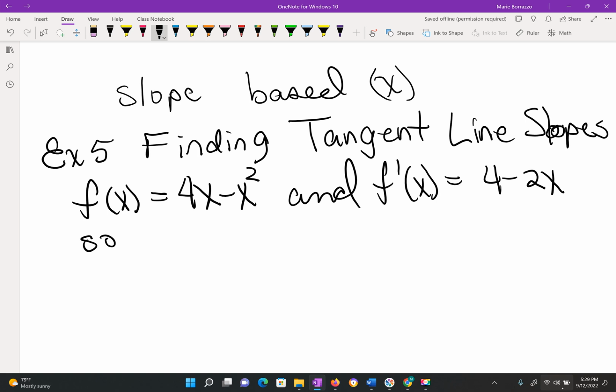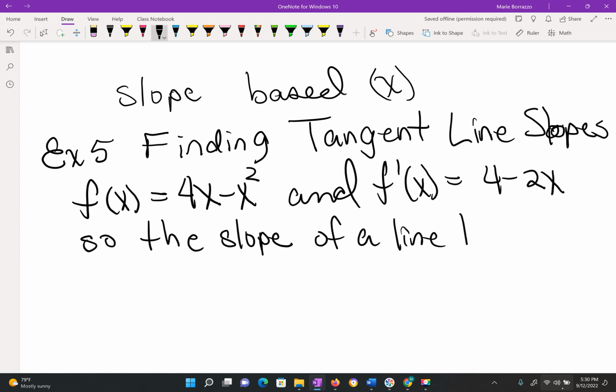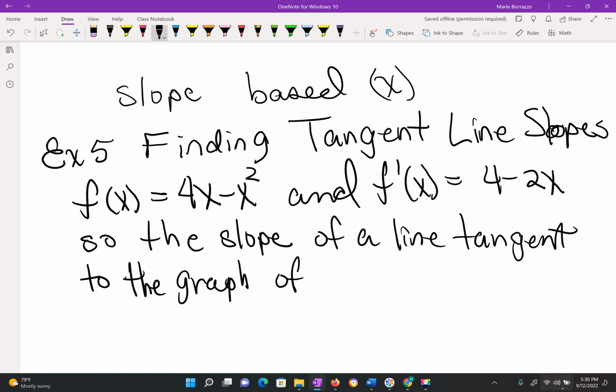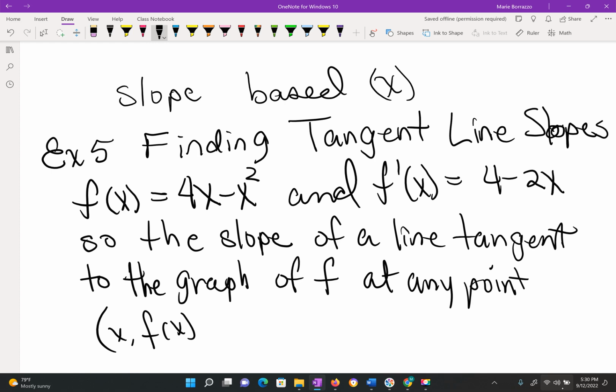So the interpretation is, the slope of a line tangent to the graph of f at any given point x, f of x is equivalent to the first derivative, which is 4 minus 2x.